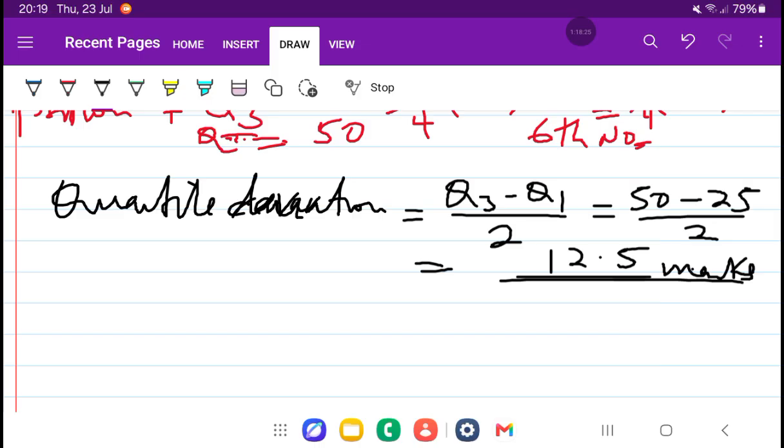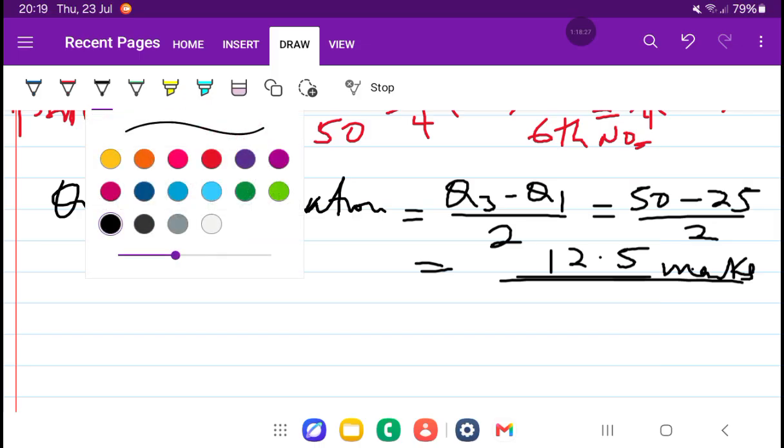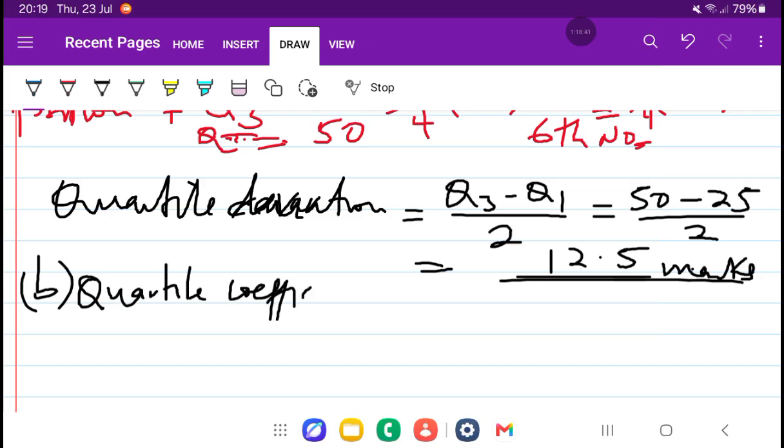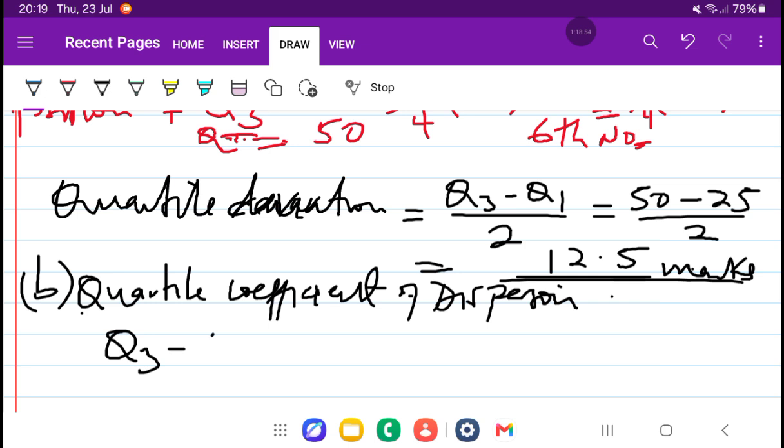So part B, they wanted us to get the quartile coefficient of dispersion, and we say the quartile coefficient of dispersion is Q3 minus Q1 over median times 100.